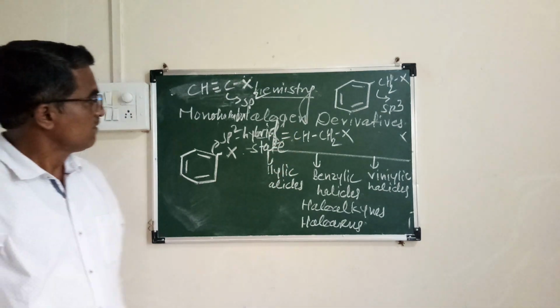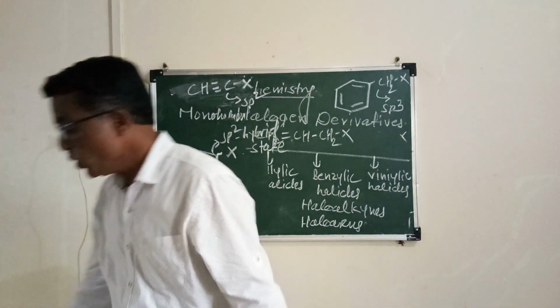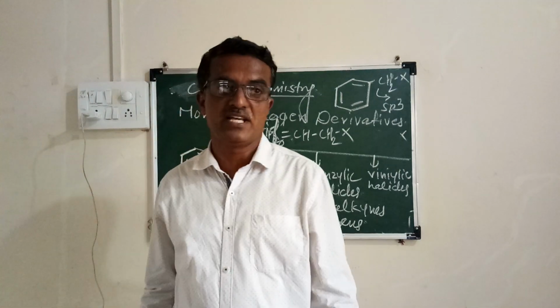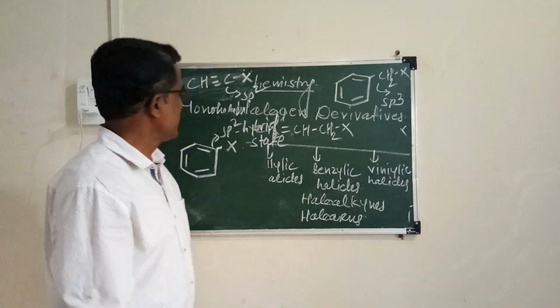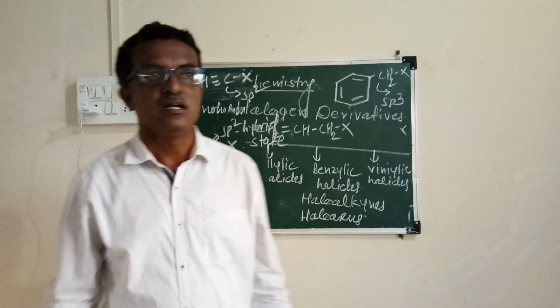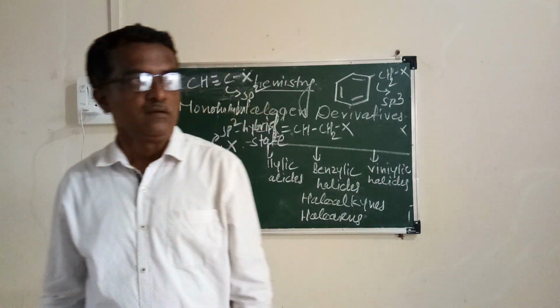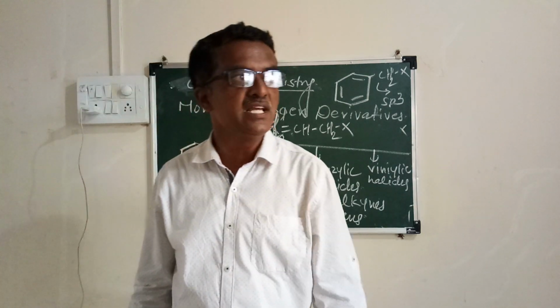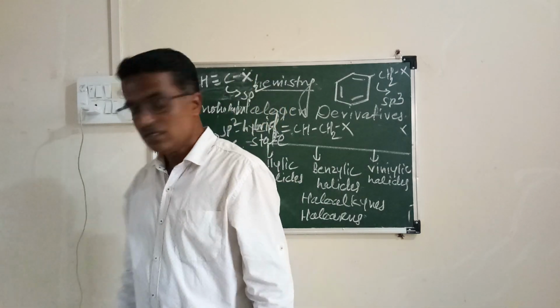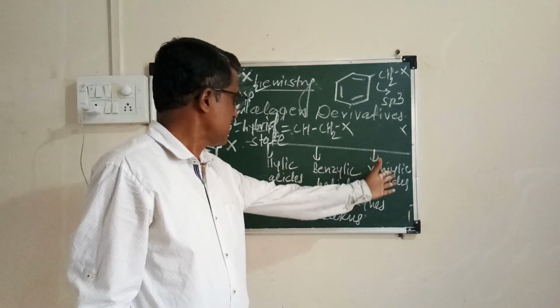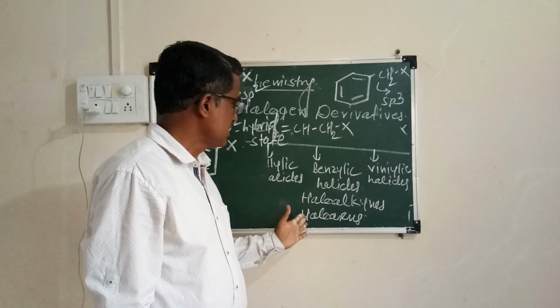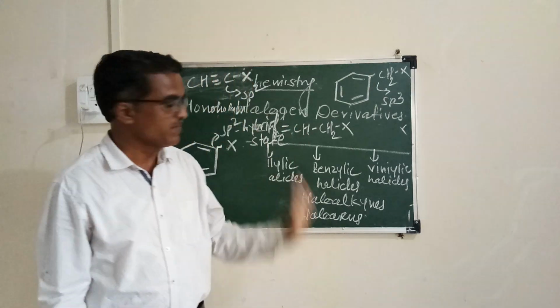Now this is the classification of monohalogen derivatives of alkanes: alkyl halides, benzylic halides, allylic halides, vinylic halides, haloalkynes and haloarenes, with the different types of examples.